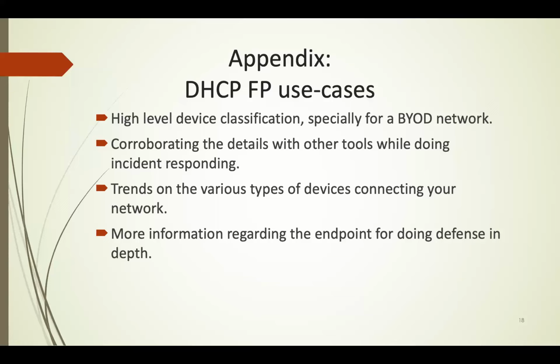It gives you an inference that the majority of your users in your organization are Apple based, or the devices being used are Apple devices. So that's pretty good information to give, at a high level, of what your network topology or network device distribution looks like.